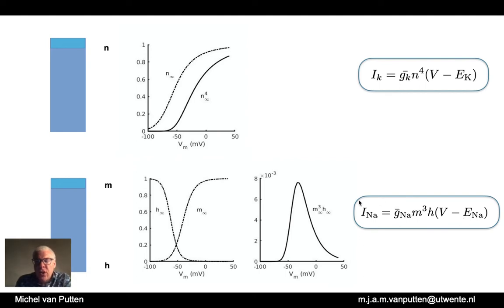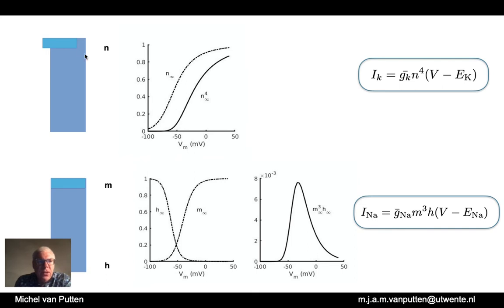So you could use this for a current in the equilibrium state, but note, we just didn't discuss it yet, but we'll do in the next slide, that there's also a dynamic behavior of the gates.